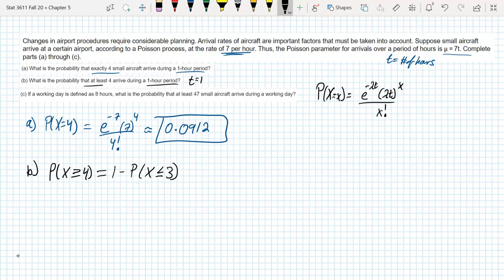This is a cumulative probability question, and we can look that up in the table. Mu would be 7 times 1, so mu is 7. So 7 is our expected number of arrivals per hour. And we're looking for at most 3, so we look in the table for 7 and 3.